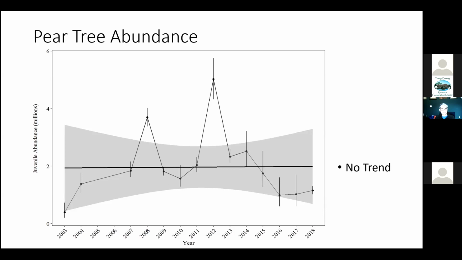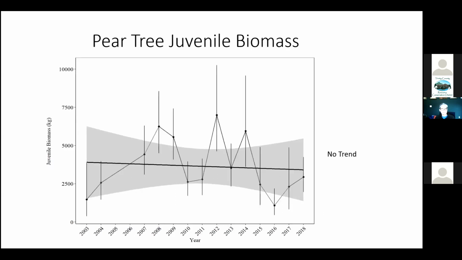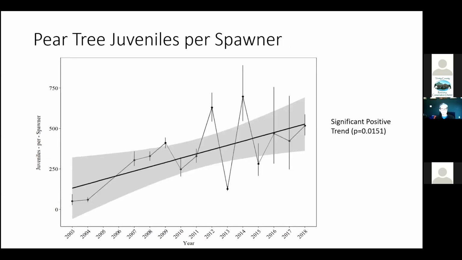So you get these high peaks and then these lower ones, whereas biomass is a little less variable over time. The difference between year to year is less, and so that's also intriguing. It hints that perhaps there might be a capacity to the system. But again, no trend over the long-term time series.